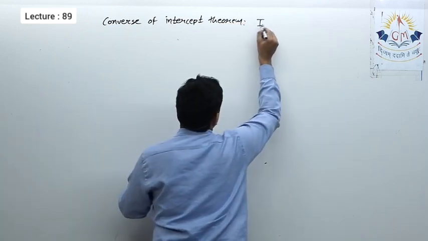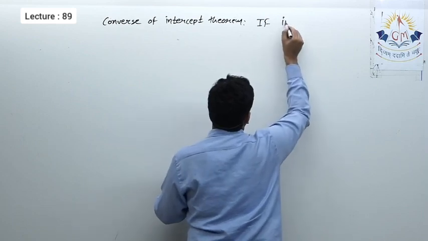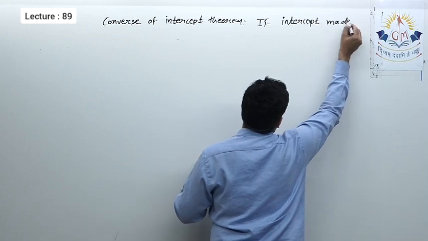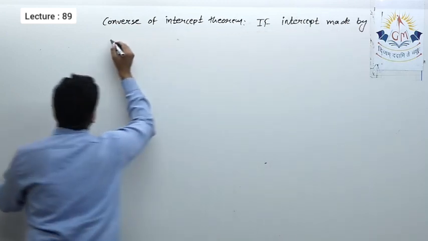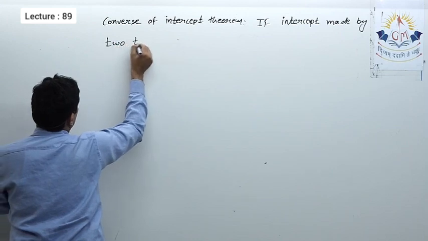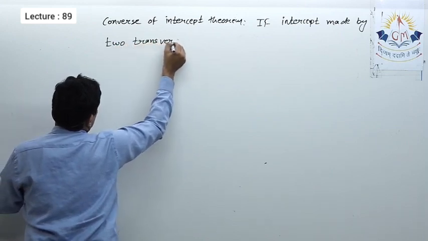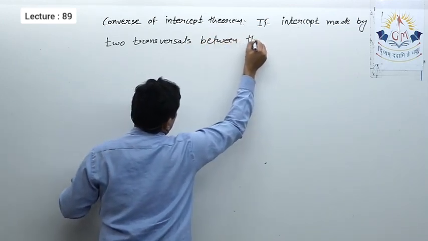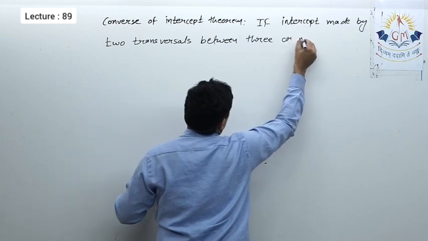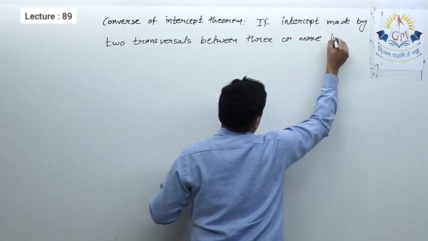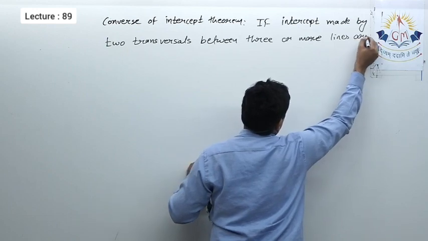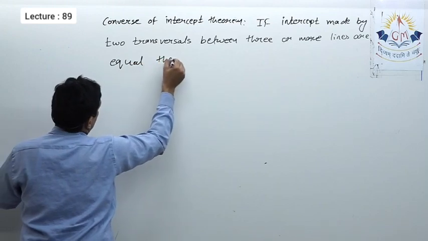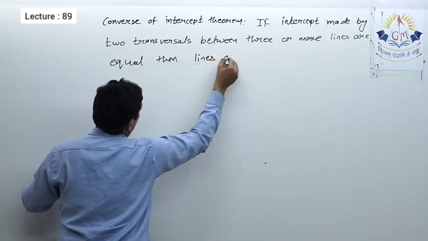If intercepts made by two transversals between three or more lines are equal, then the lines are parallel.